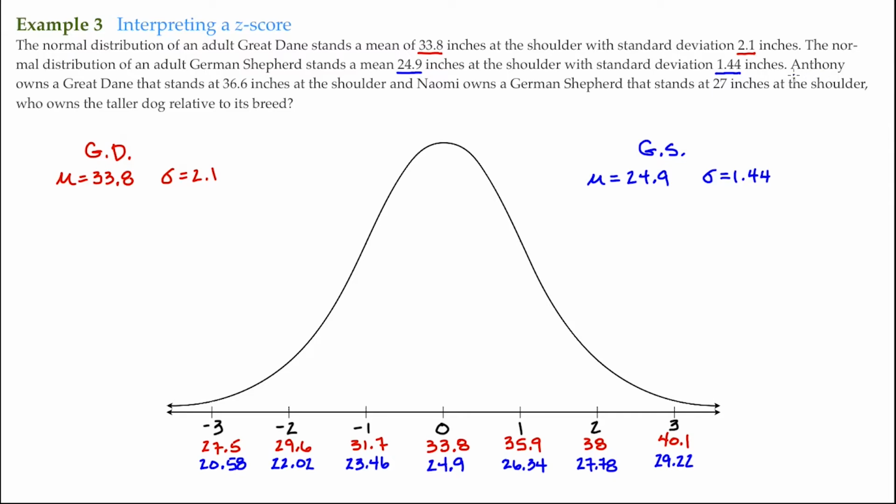So then it states that Anthony owns a Great Dane that stands at 36.6 inches. So there's an X of 36.6 inches. That's the size of Anthony's dog. And Naomi owns a German Shepherd that stands at 27 inches.